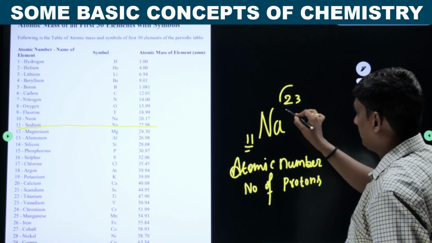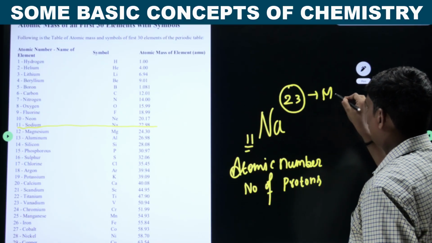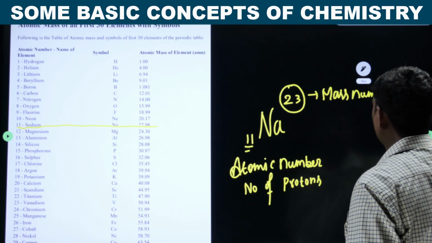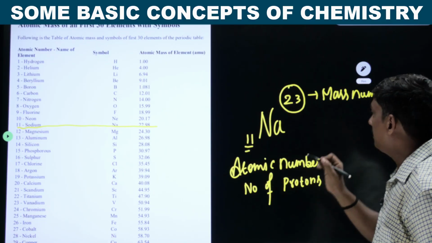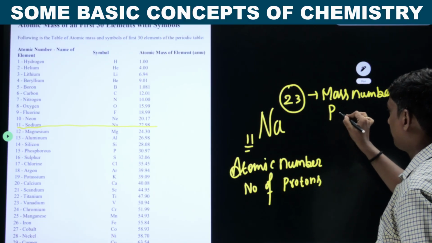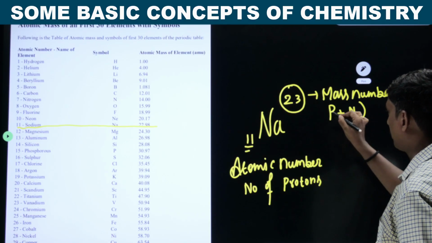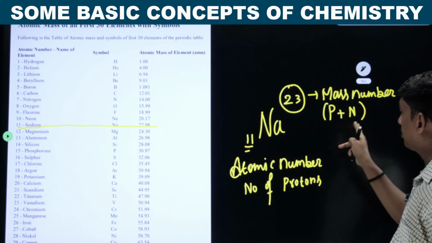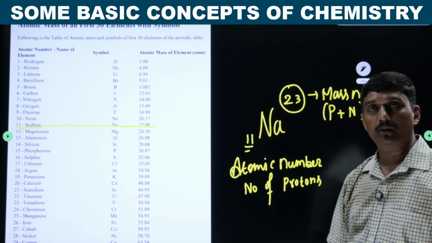This 23 is the mass number. What is this mass number? It is the total number of protons and neutrons present in the nucleus. Combining these two gives the mass number.